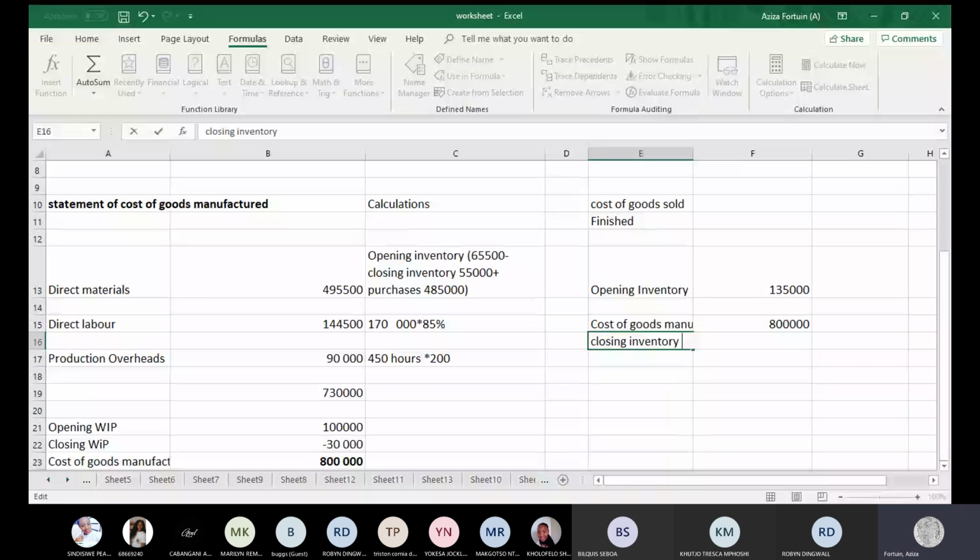So I'm going to have to minus 640,000. So at the end, my cost of goods sold will be 295,000. Everybody with me? That's basically how you do a cost of goods statement.